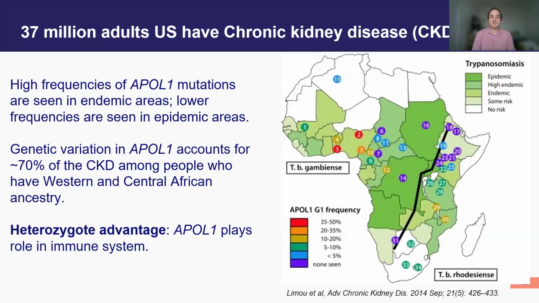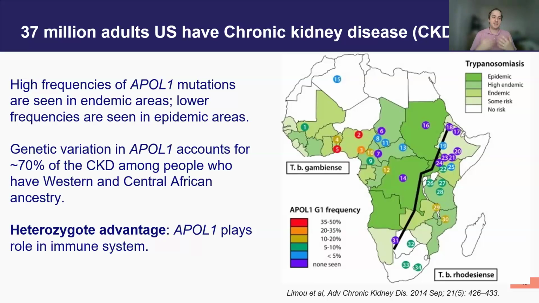So we actually see genetic variation in ApoL1 accounts for 70% of chronic kidney disease among people who have Western and Central African ancestry. So there's this really interesting play between infectious disease and genetic resistance to that, and other genetic diseases like chronic kidney disease, and how those can play out.